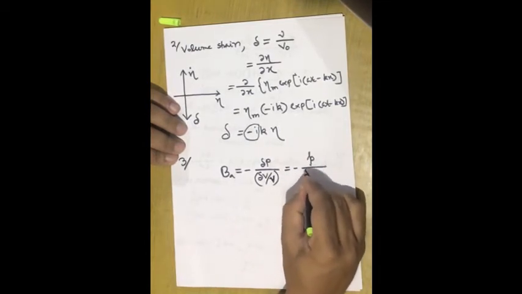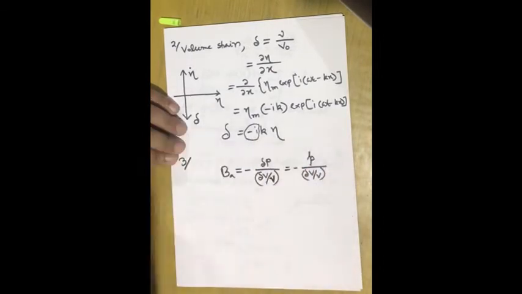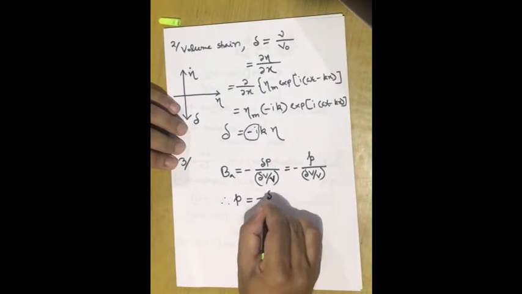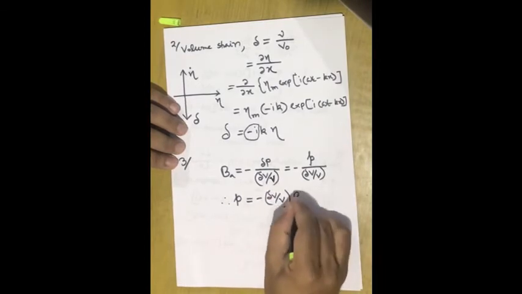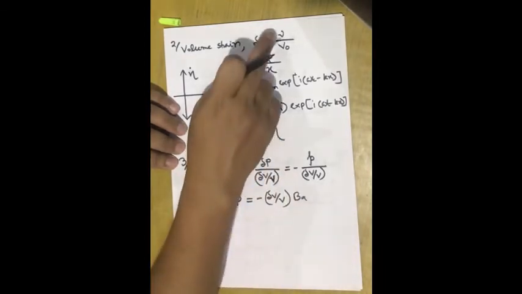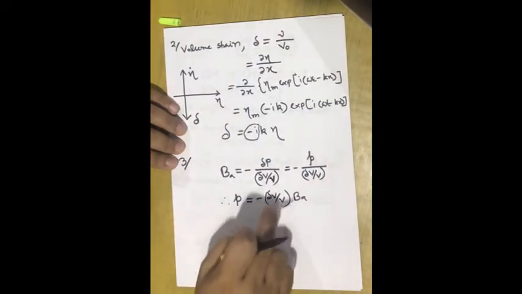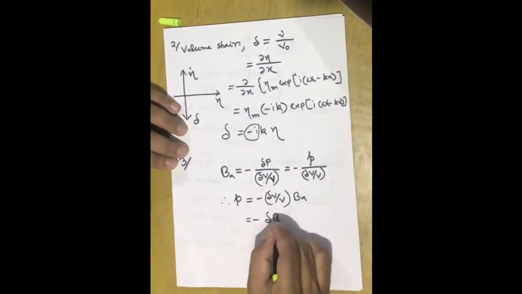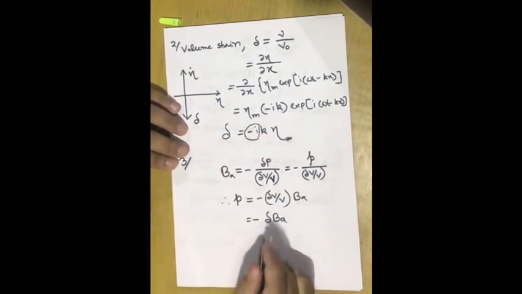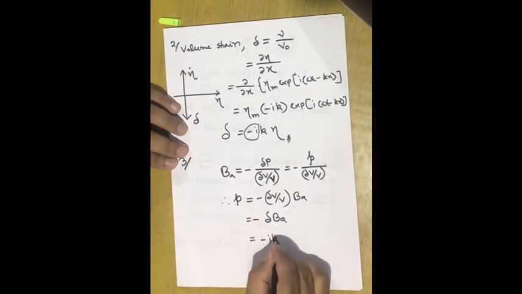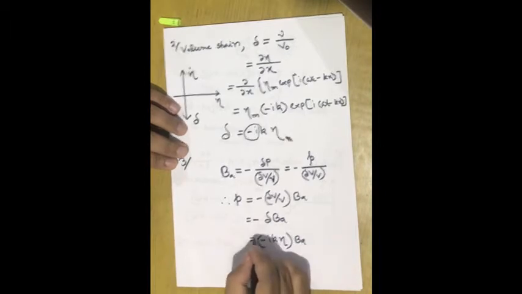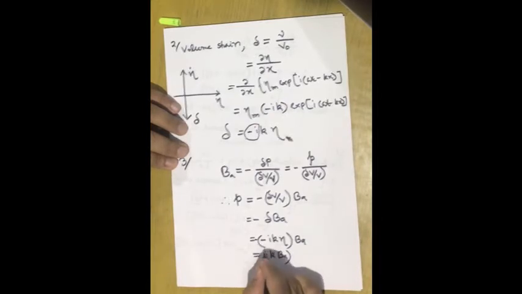So we can write p is equal to minus del V by V into B A. And del V by V, where V is the initial volume and del V is the change of volume, is nothing but delta. Therefore, we can write minus delta into B A. And the delta value we have got is minus i k eta, into B A. So there is another minus, therefore it will be i k B A into eta.